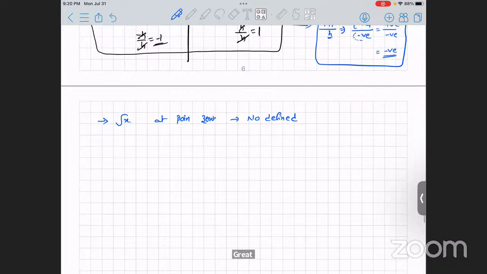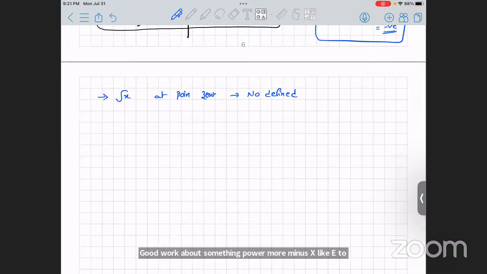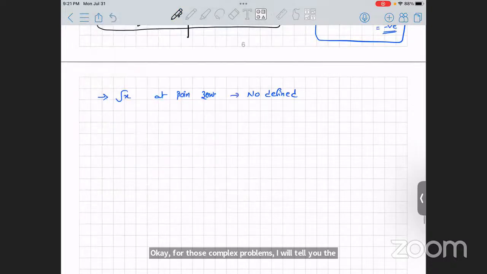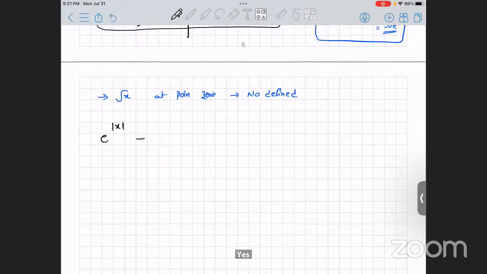Okay. Sir, but what about something like e to the power mod minus x? For those complex problems, I will tell you how to do it. Look, e power mod x. Here we will do e power x, e power minus x, when x greater than 0 and when x less than 0.